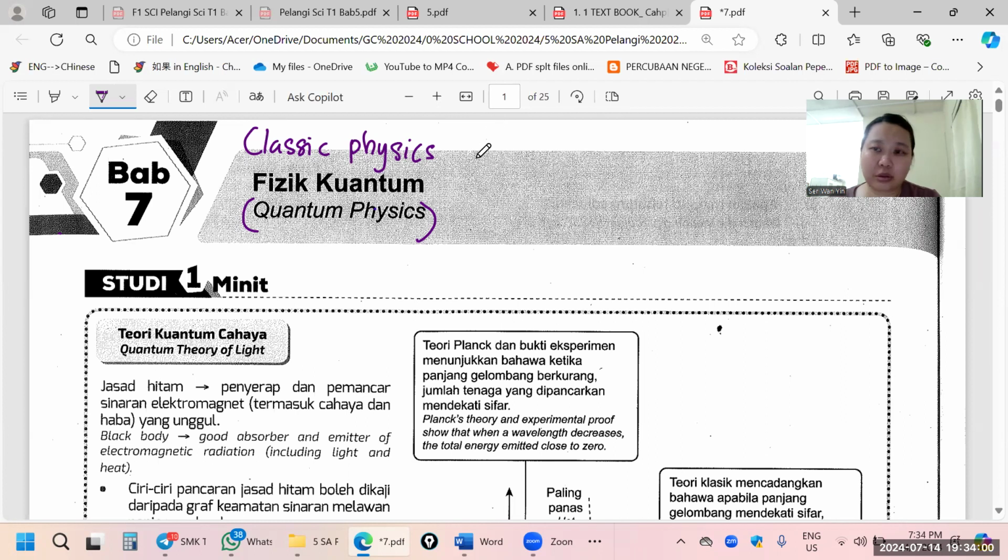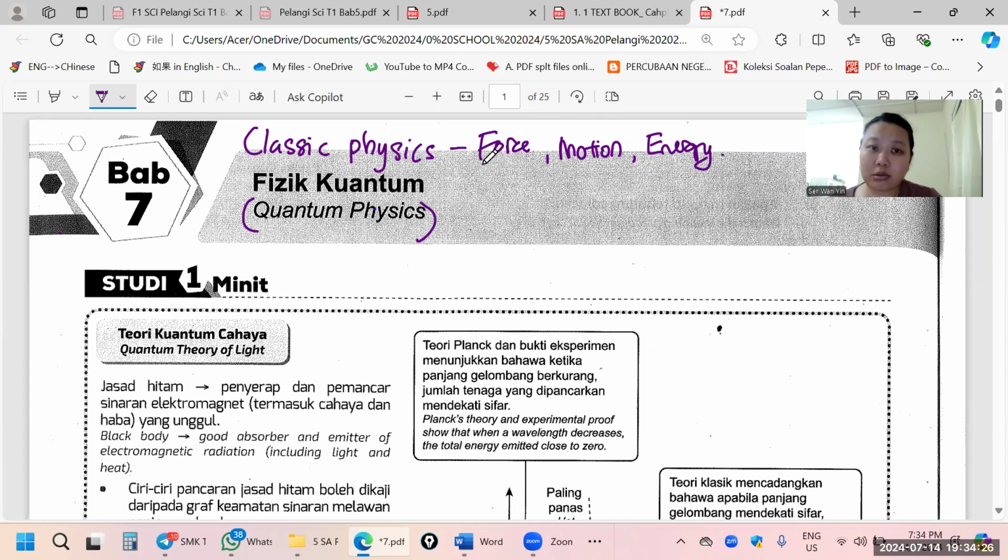Actually, the story is quite long, but no choice, we need to make it fast. So classical physics is all about force. So force will make motion and also the change of the energy.